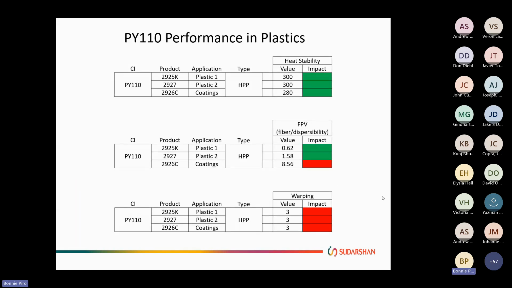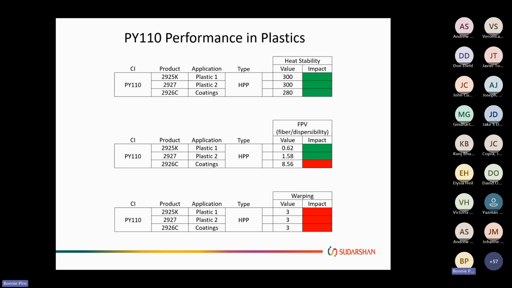Just a little information on the performance in plastics with respect to how the finishing is done. In this case, we're taking a look at a couple of formulations that were done for the plastics application as well as a coatings application. Heat stability is primarily dictated by the chemistry, so all of those are fully okay with that particular property. How well it gets dispersed is where we start to see the impact of the finishing choices.